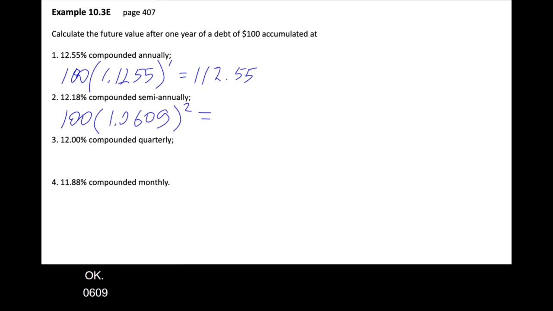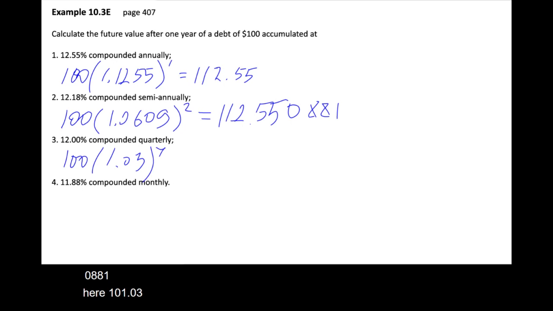0.06275. So 112.550881. So here $100, 1.03 exponent 4. That's 112.550881.